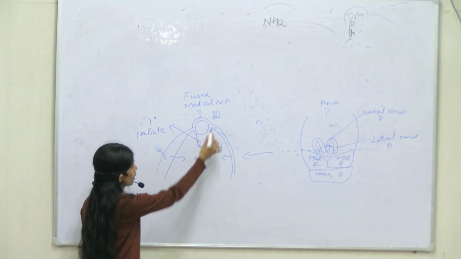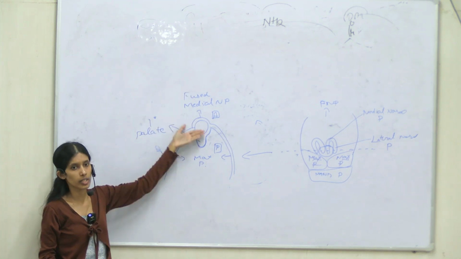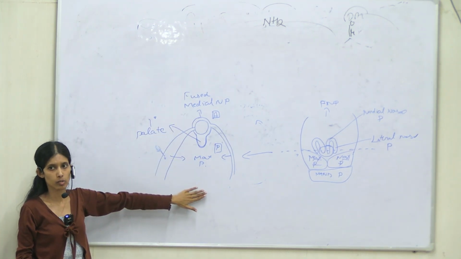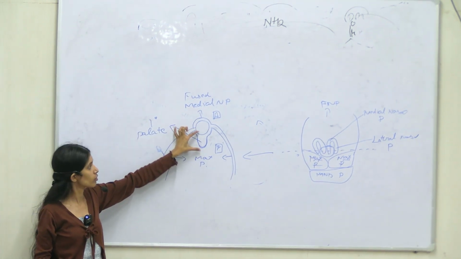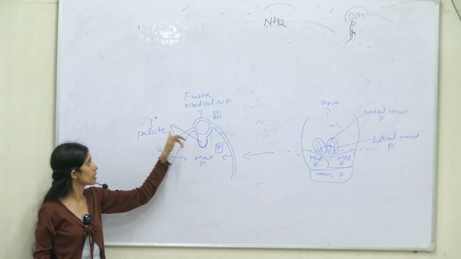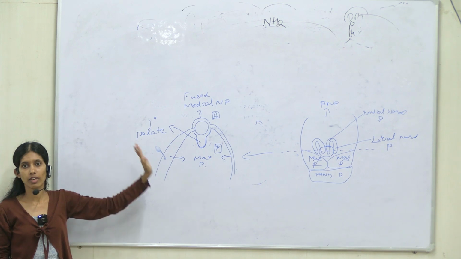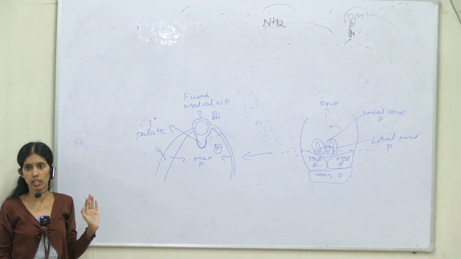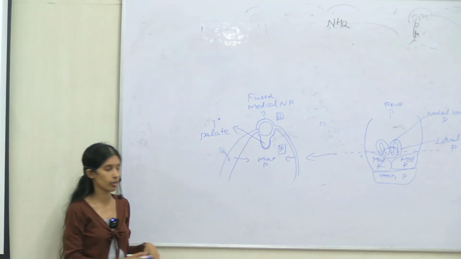So, this will be your maxillary process. So, this is the anterior aspect and this is the posterior aspect. On posterior aspect of the fused part, we have a small projection coming out, okay. That projection is nothing but your primary palate. This is how the development of primary palate takes place. Is it clear for everyone? Okay.